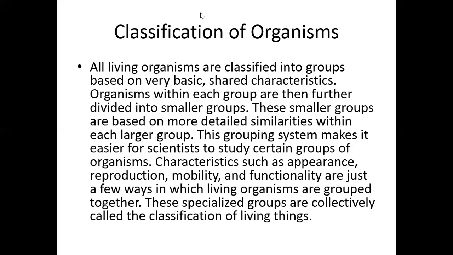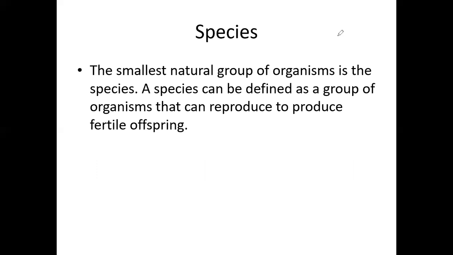Now the question arises: after classification, we came to know the different species of the organisms. So here is the definition of the species. The smallest natural group of organisms is the species. A natural group of organisms means a group of organisms living at a place.